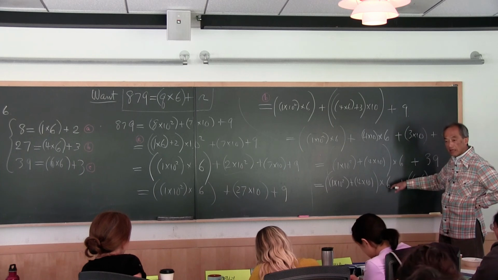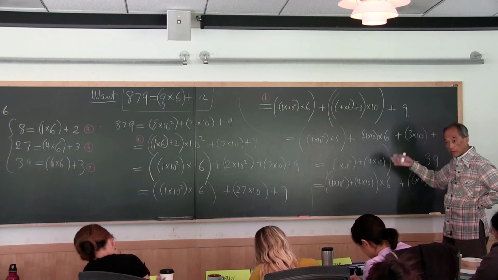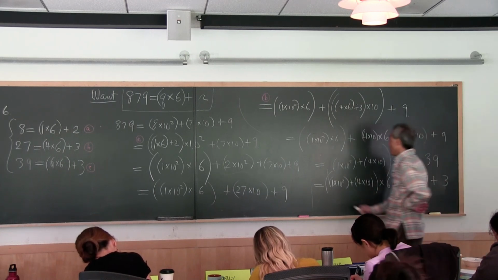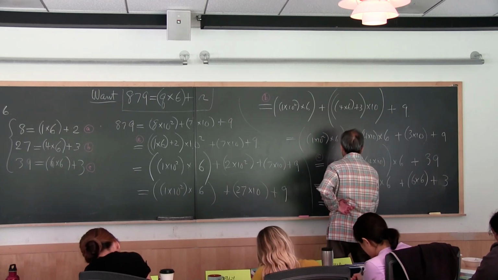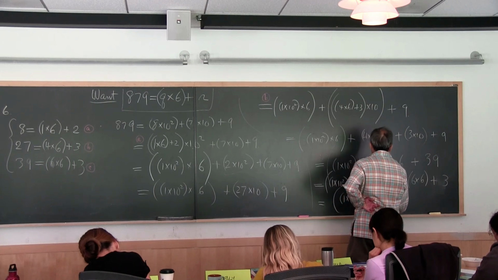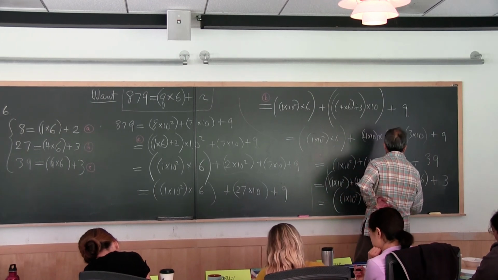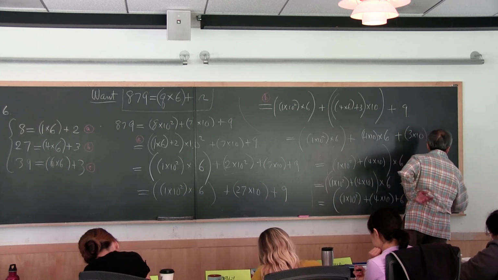So you do exactly the same thing as before, tidying things up, right? 6 should be displayed correctly. So now finally this becomes 1 times 10 squared plus 4 times 10 plus 6 times 6 plus 3.